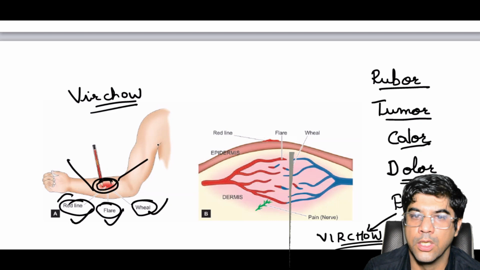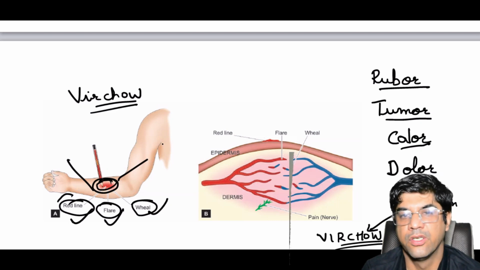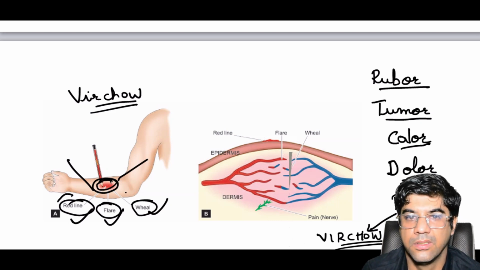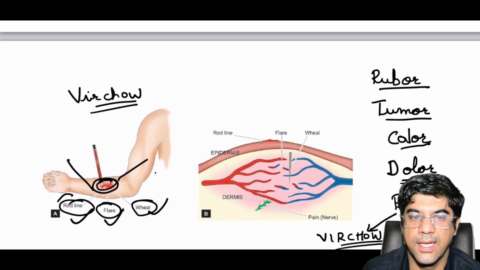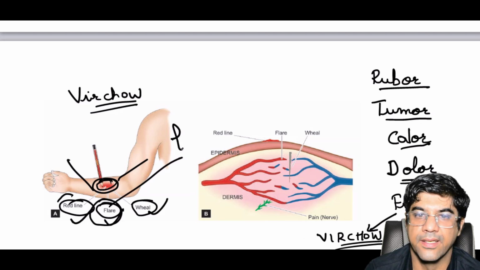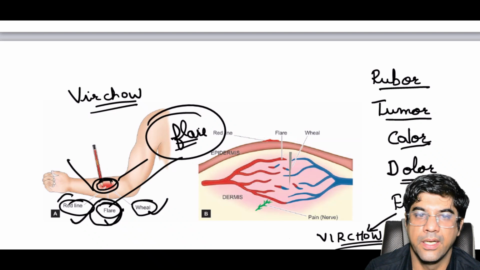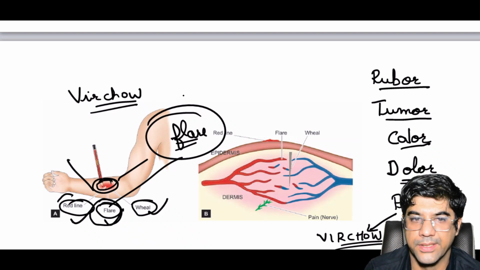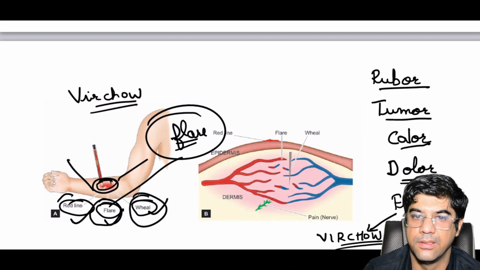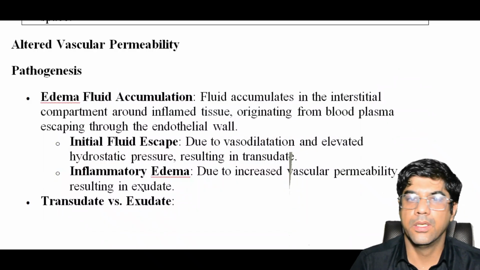That is due to the local vasodilation of the capillaries and the venules. Surrounding the red line, there is a bright red flush known as flare. That happens due to adjacent arteriolar vasodilation. Finally, there is swelling or edema from the fluid transudation into the extravascular space. That is the wheal.